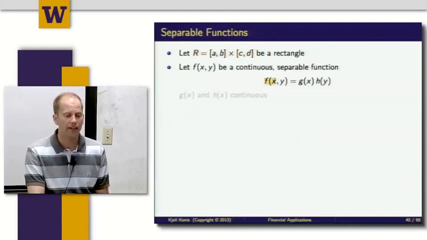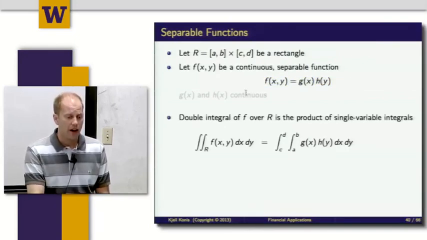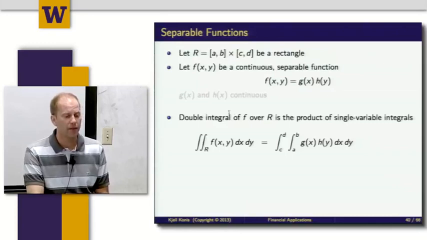And then I have to be able to take the integrand, the function I'm trying to integrate, and write that as a product of a function of the first variable times a function of the second variable. And then I can express the double integral of f over R as the product of these two single variable integrals.